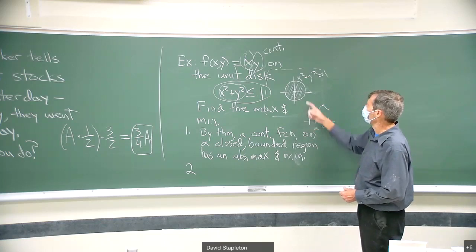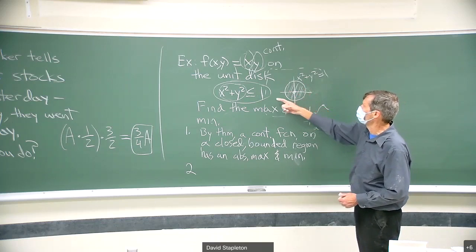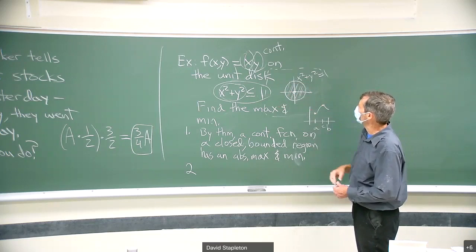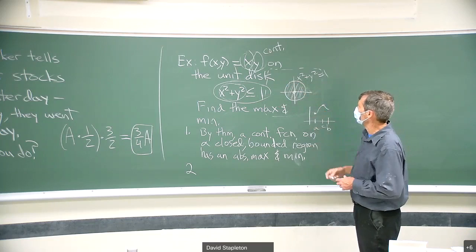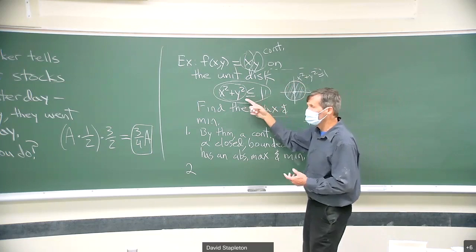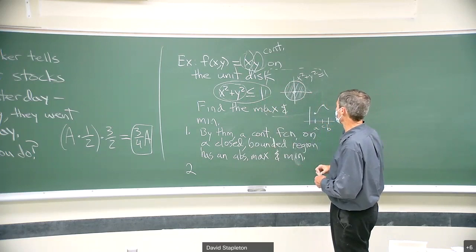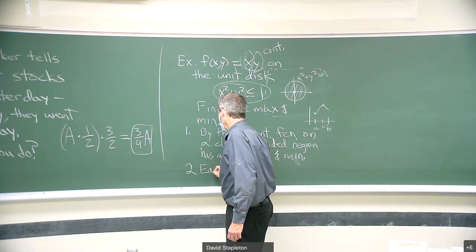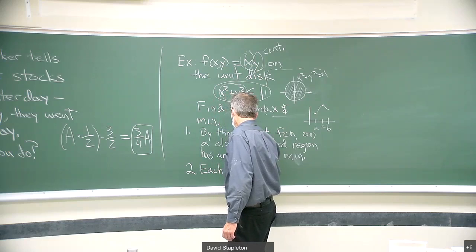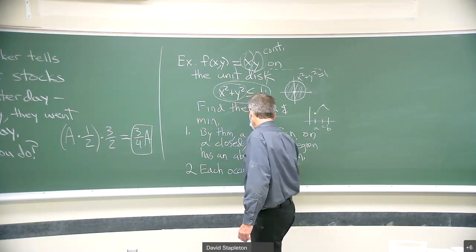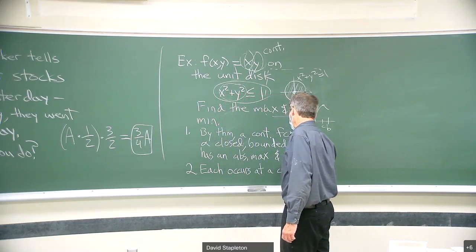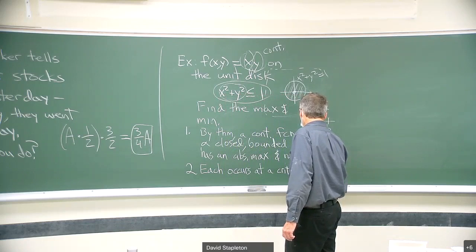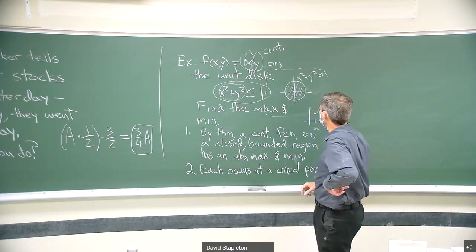This carries over here on a closed bounded plane region, right? This is a function of two variables, so its domain is not an interval of real numbers, it's a plane region. On a closed bounded plane region, a continuous function of two variables has a maximum and minimum, and each occurs at a critical point. So those are the theorems we had. Furthermore, what were the critical points for a function of one variable?